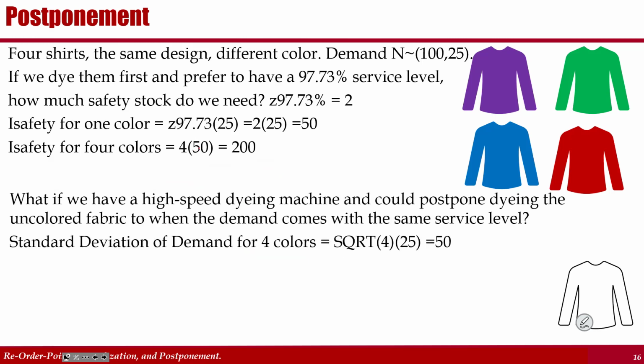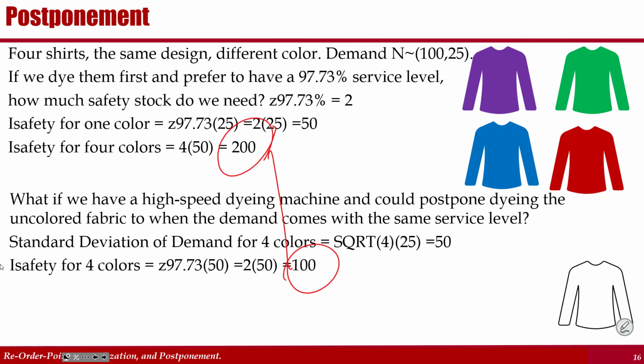If I go this way, the standard deviation of the undyed fabric would be 50, and when I multiply it by Z of the service level, the safety stock would become 100. So I was able to reduce 200 to 100. That is 50%. That is one benefit of postponement, delayed differentiation.